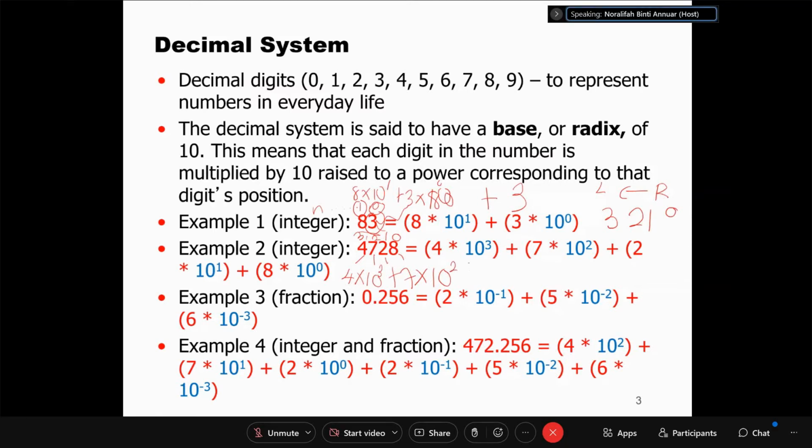Then you carry on: 2 times 10 to the power of 1 plus 8 times 10 to the power of 0. Then you add it up and you will get 4728. That's all. The most important thing here is just the base position. Base, B-A-S-E, base position, not the other meaning of best.